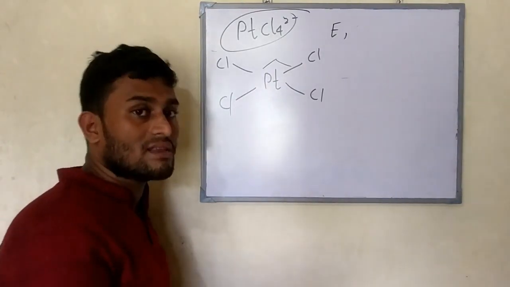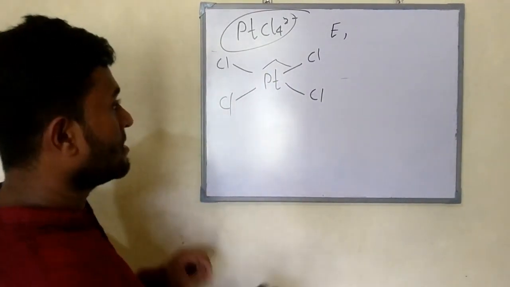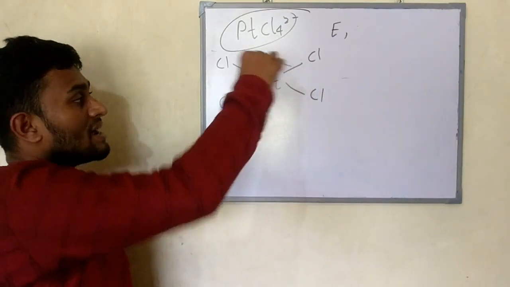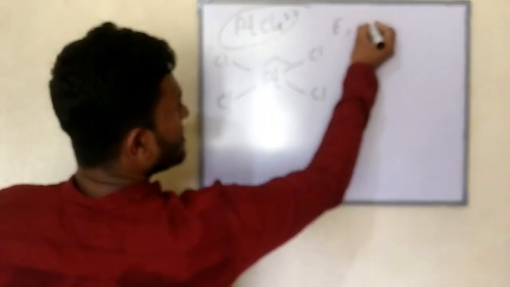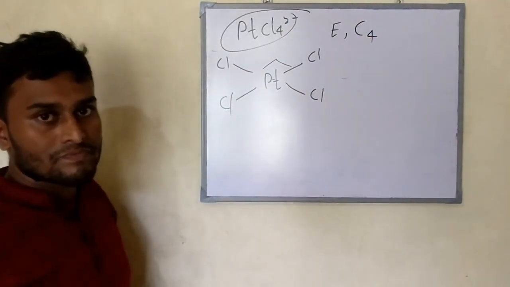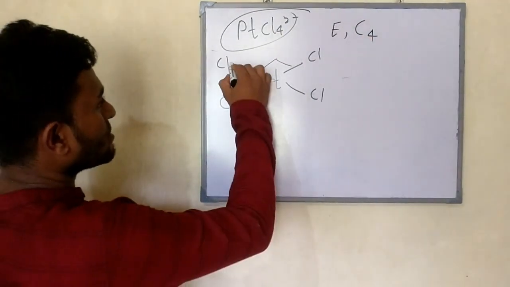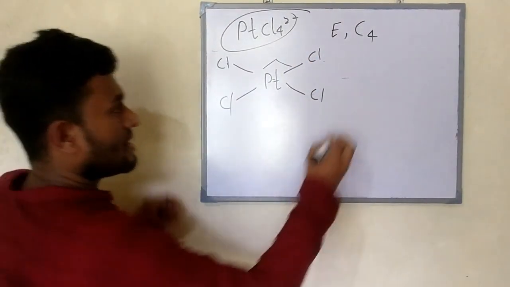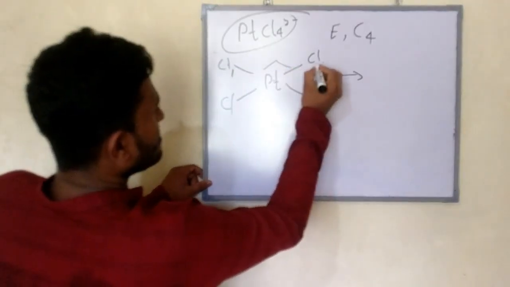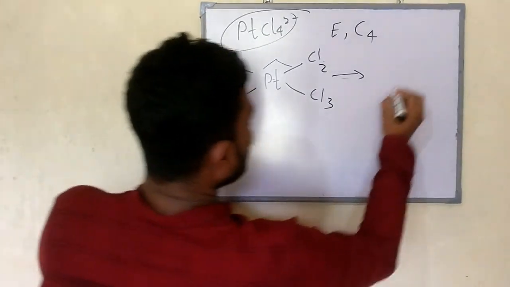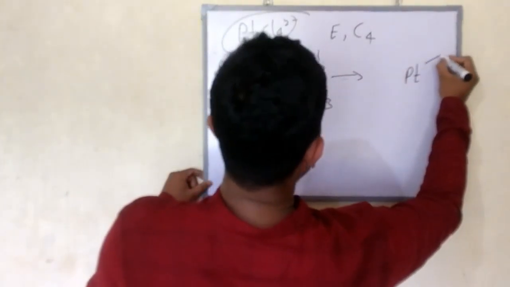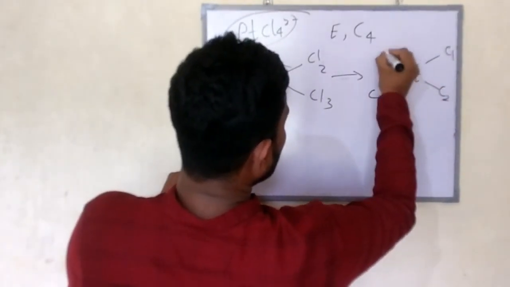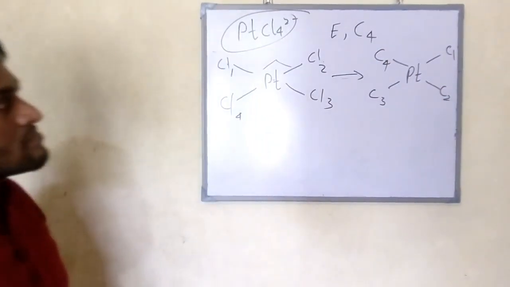Always you need to see the rotation through the middle first. So if you rotate the molecule through the middle by 90 degrees, surely C4 is there, because this Cl goes here, this Cl goes here. Like that you can write C1, C2, C3, C4.